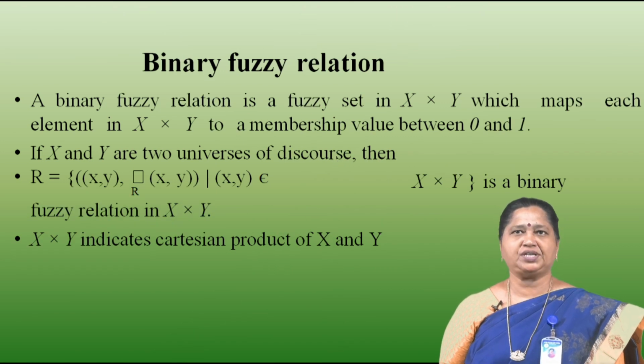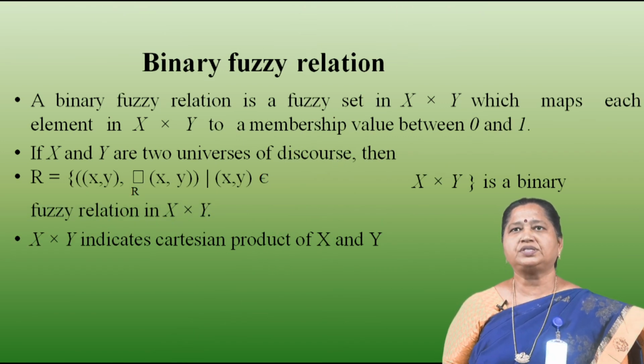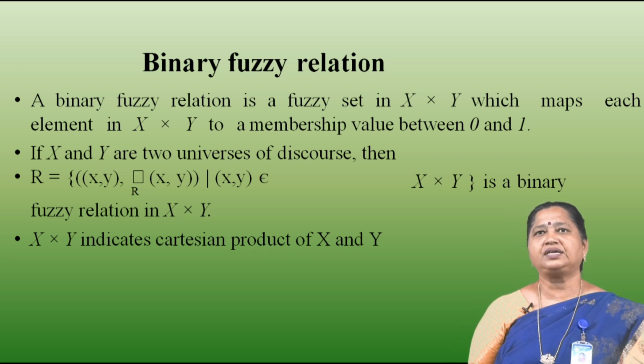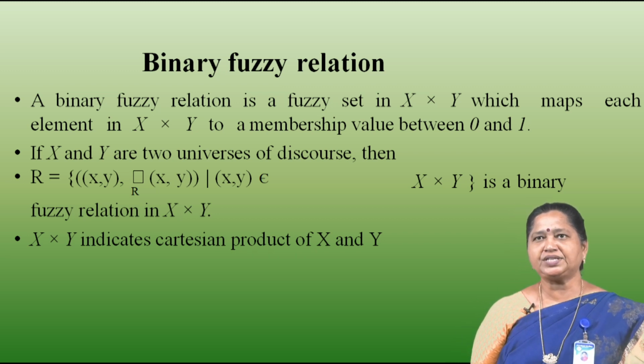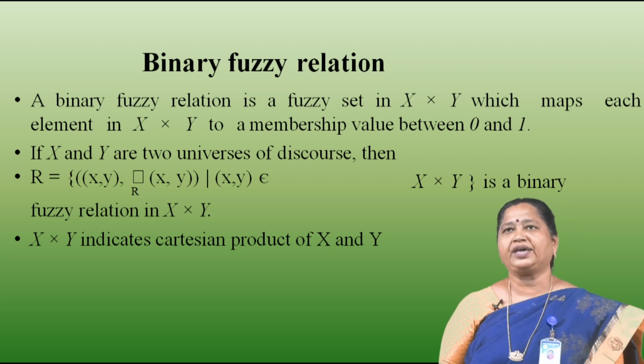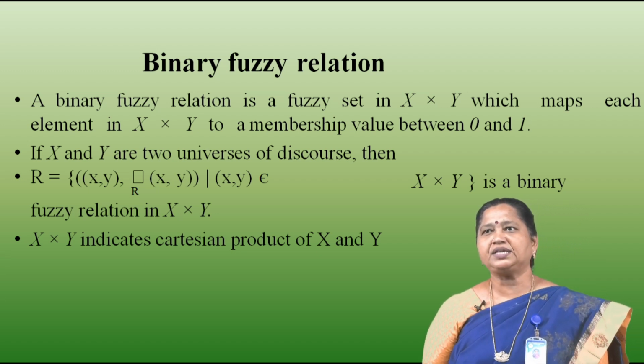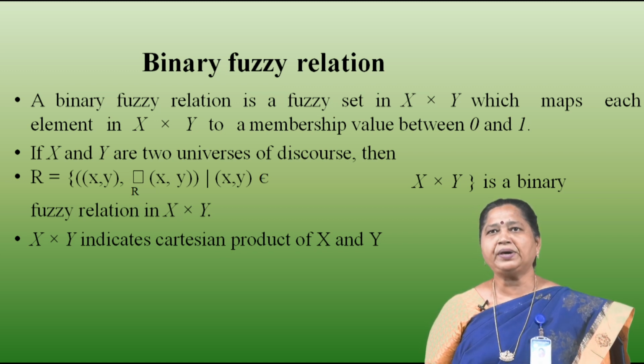Binary fuzzy relation. We are going to see the binary fuzzy relation. A binary fuzzy relation is a fuzzy set in capital X cross Y, which maps each element in X cross Y to a membership value between 0 and 1.